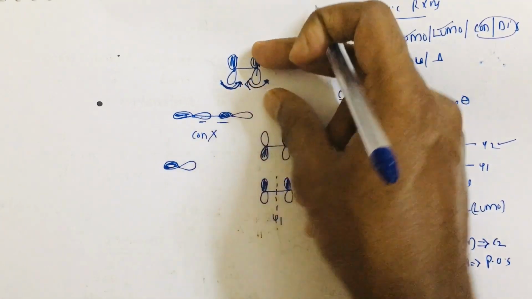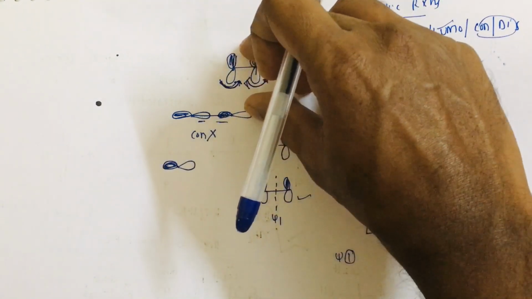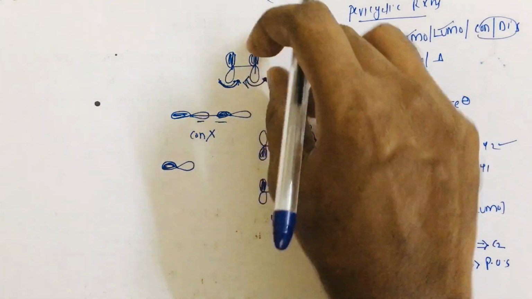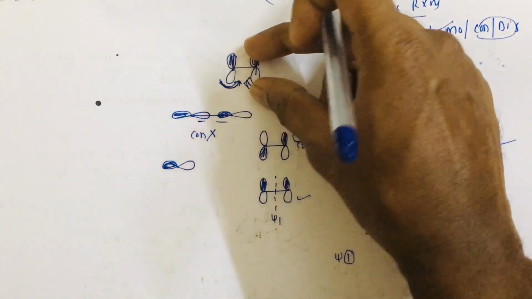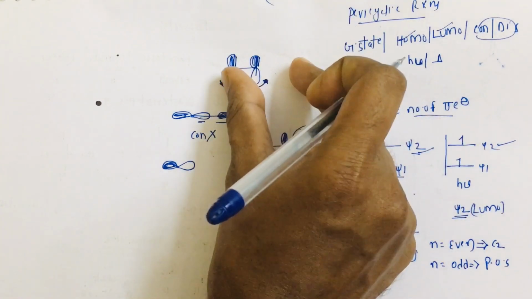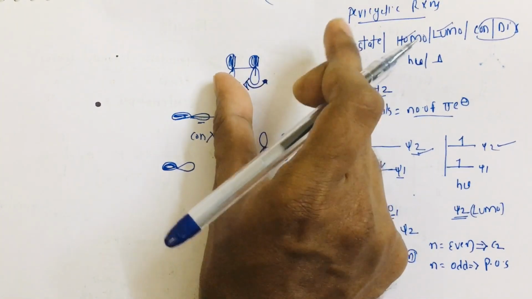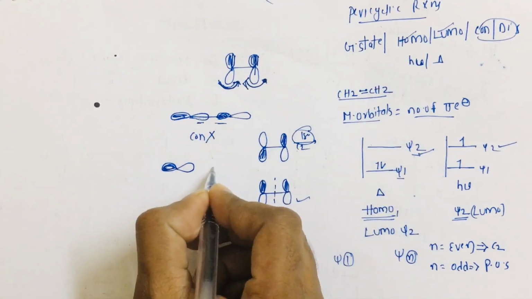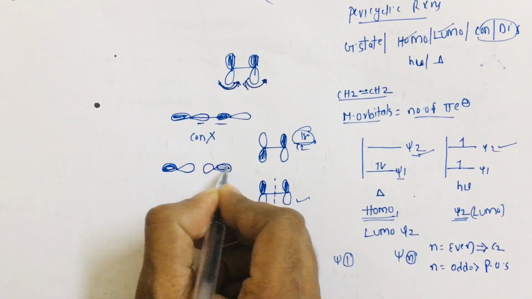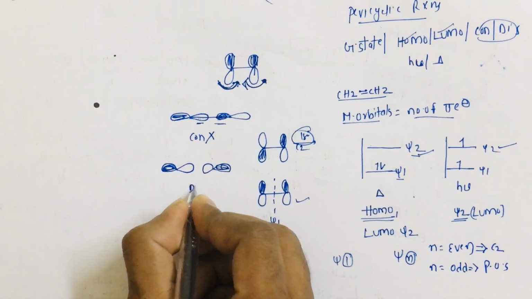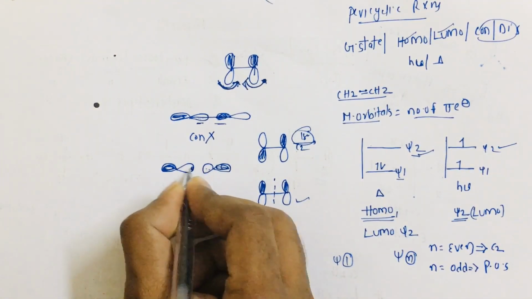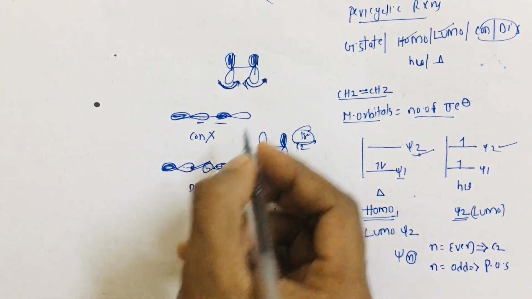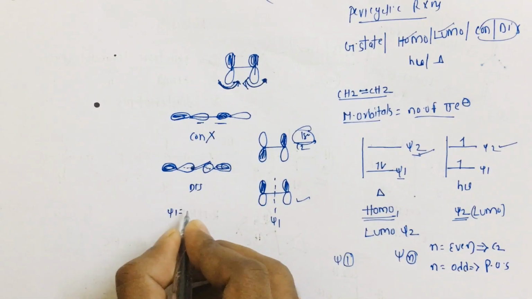When we are rotating this way, the shaded one comes here and the unshaded one comes towards the left-hand side. So after this rotation, see here, both unshaded lobes are coming to the same side, so that means this is allowed. So for psi1 this is allowed.